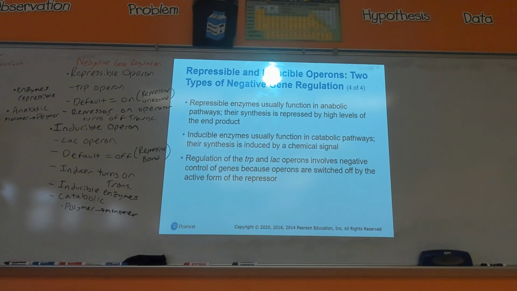So any set of genes involved in anabolism, building things up, we are going to control in a repressible way, where they can feed back and inhibit each other. Whereas anything that's a catabolic pathway, so here lactose is a polymer, right? It's a bigger sugar. We break that polymer down into its individual monomers. So it makes sense that we only want to turn that pathway on when it's present.